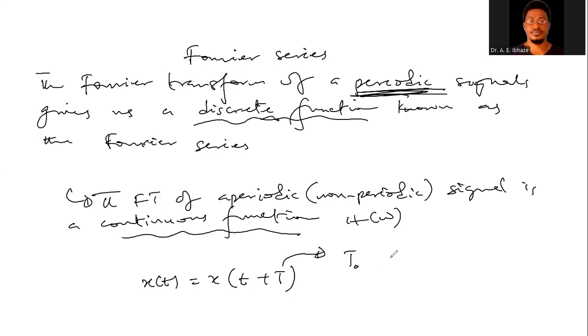So meaning we also have T1, T2, T3, T4, for which T sub i, taking on values from 1 to infinity, is the same as alpha T0, where alpha is an integer value.